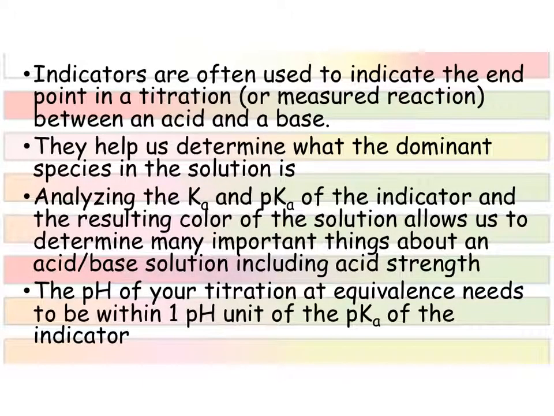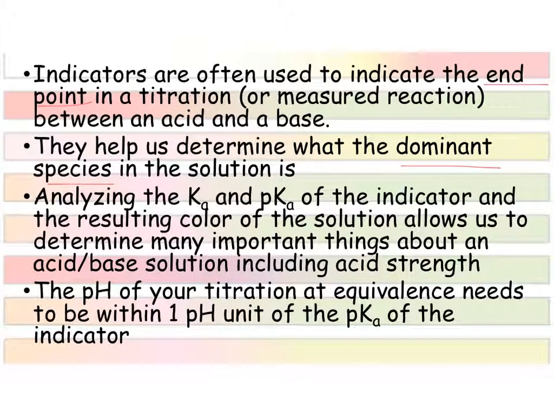Indicators are often used in titrations to indicate the endpoint. The endpoint is slightly past equivalence, but because it's slightly past equivalence, it helps us determine when we have neutralized our solution, and it can also help us determine what the dominant species in the solution is at that particular point.